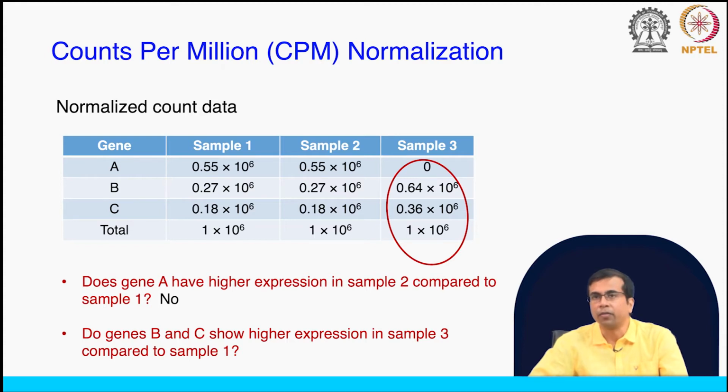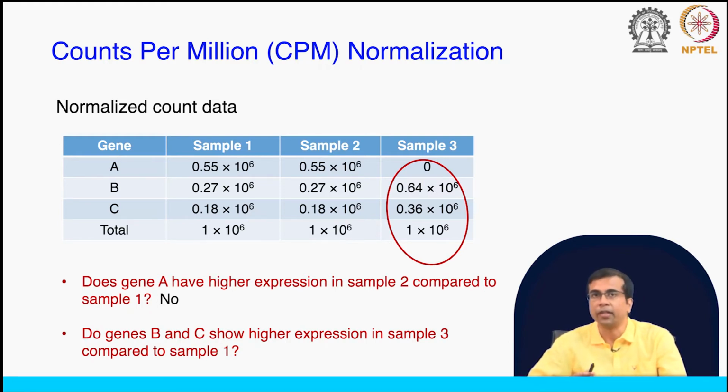If you conclude that, that will be erroneous, because we have not addressed this RNA composition bias, that is occurring just because gene A's expression has gone down. Maybe B and C have not changed their expression, but because of the change in expression of gene A, the distribution of reads is such that gene B and gene C appear to be highly expressed.